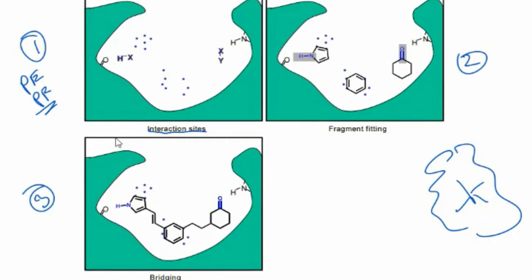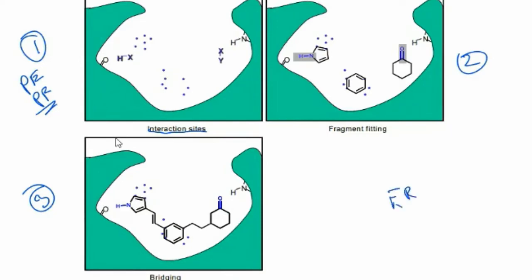Okay, so moving on to the second step. Any de novo ligand design algorithm will have at least two databases.